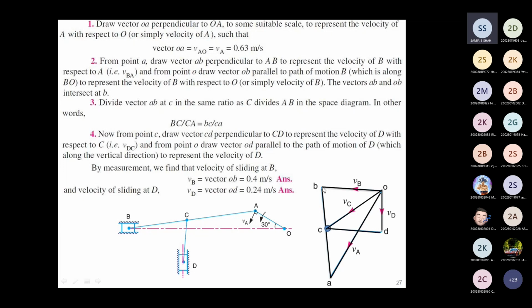Based on that, we have to join O with C.